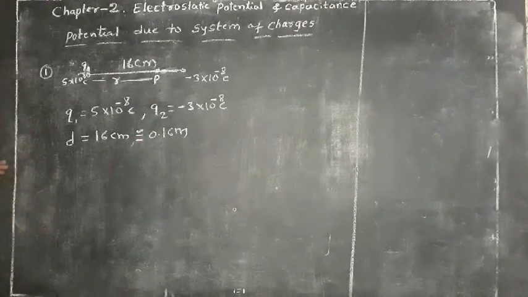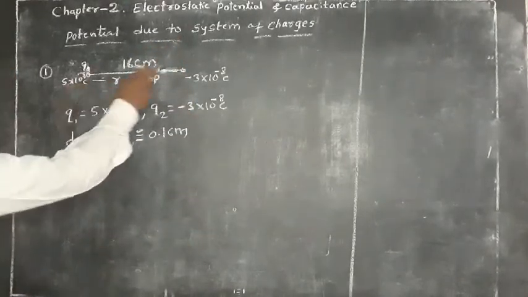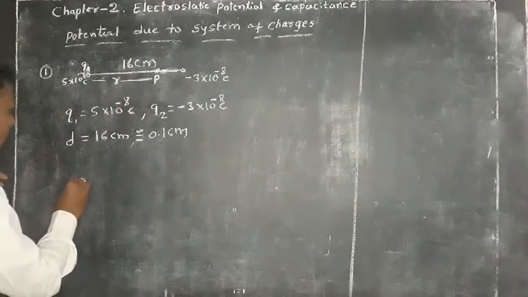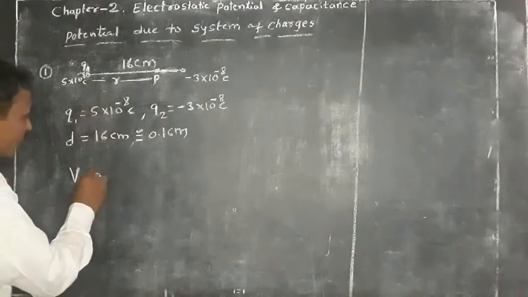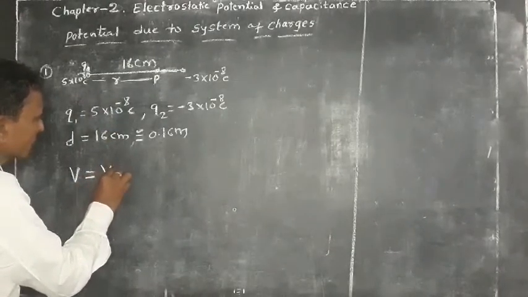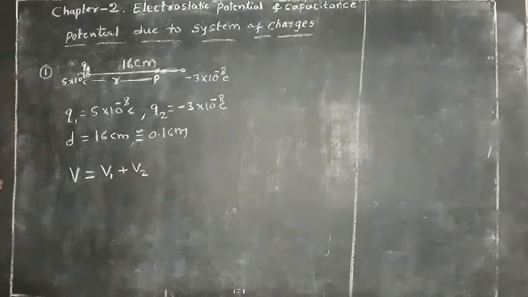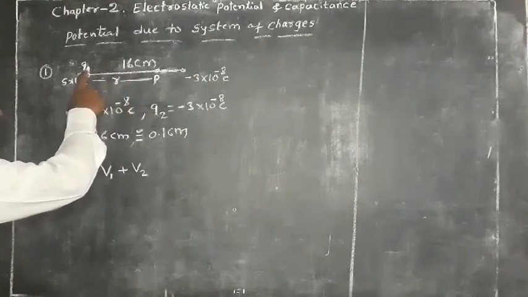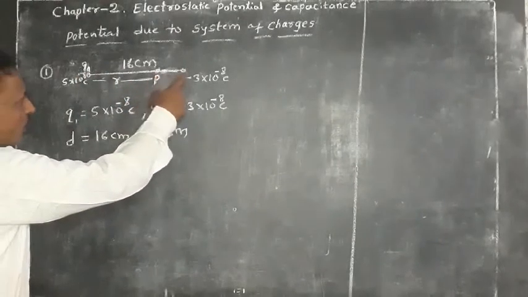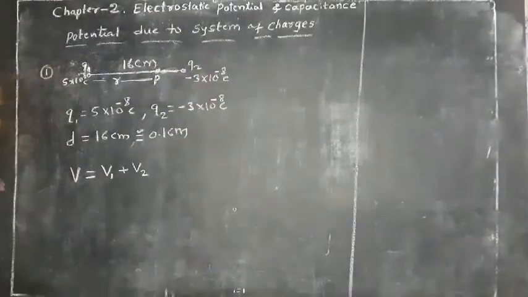Then, according to the potential due to a system of charges, there are two charges, and potential at a point P due to two charges is equal to the sum of potentials due to individual charges. That is, potential P1 at P due to Q1, and P2 the potential at P due to Q2 charge. Clear?